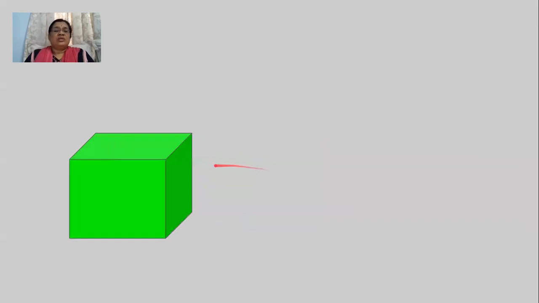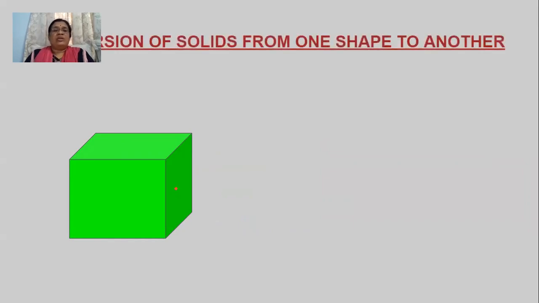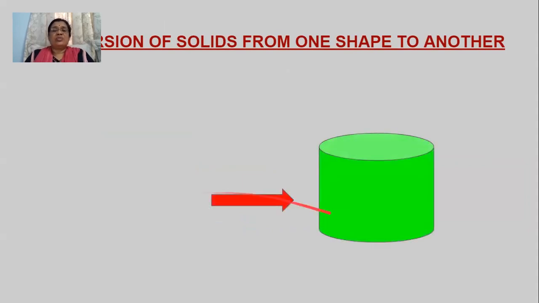See here, one cube is there. This you all know, this one is a cube. And when this cube is melted and recast, the same cube is formed into a cylinder. In rainy season, you will observe wet mud near the rivers.